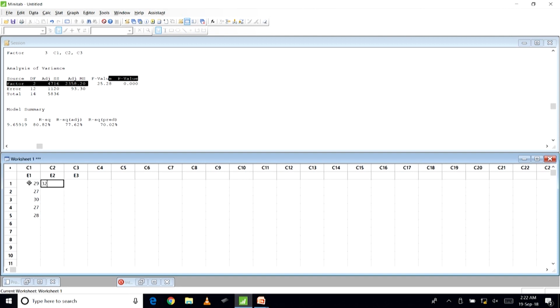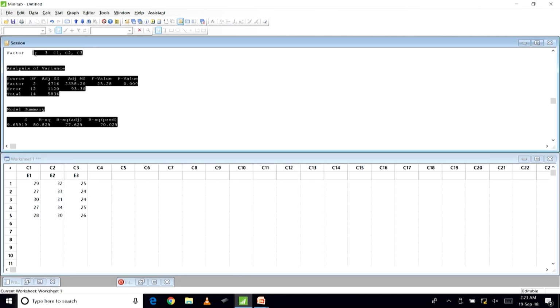So these 5 points, next 5 points, these are different again ages for workers of plant 2, this is 25, 26, right.